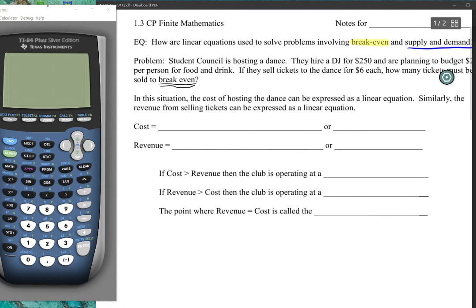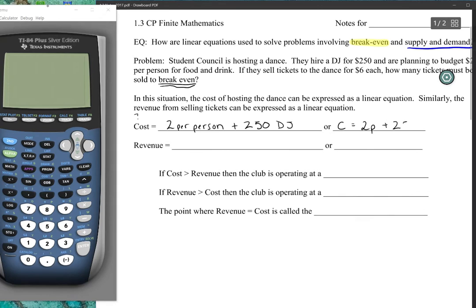So thinking to host this dance, how much is it going to cost? Well, it's going to cost $2 per person for food, plus they need to hire that DJ, $250 just for the DJ. As a general equation, you can think of it as cost is equal to 2p plus 250.